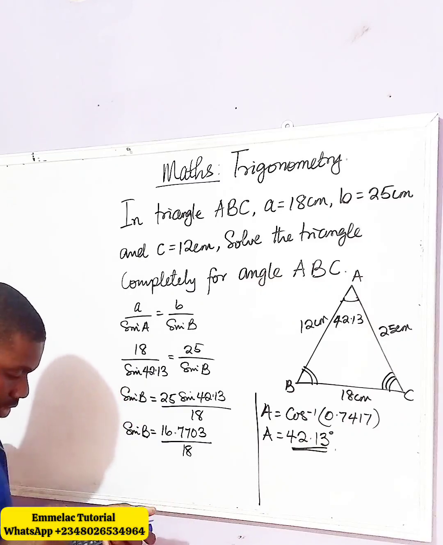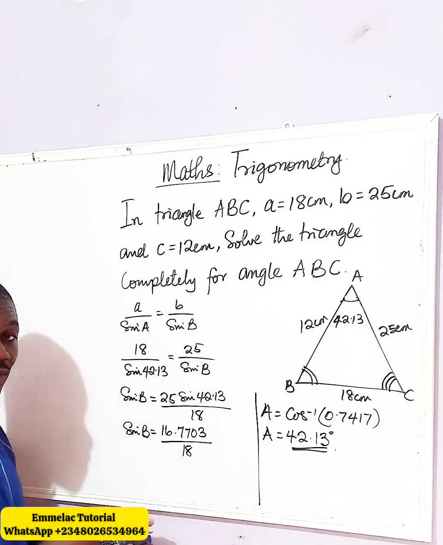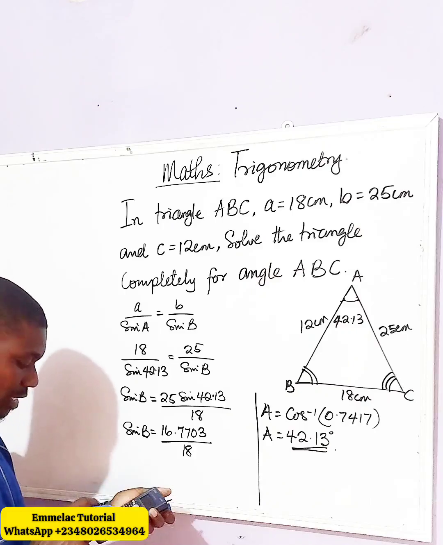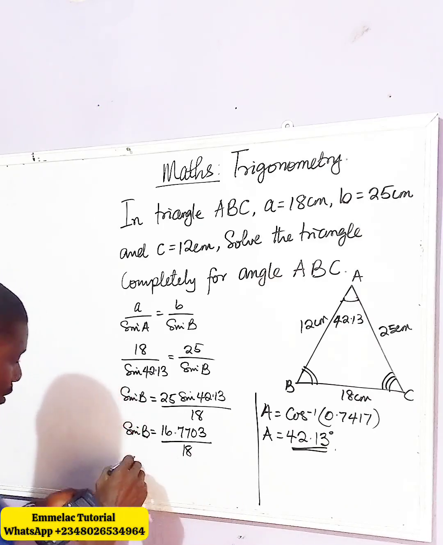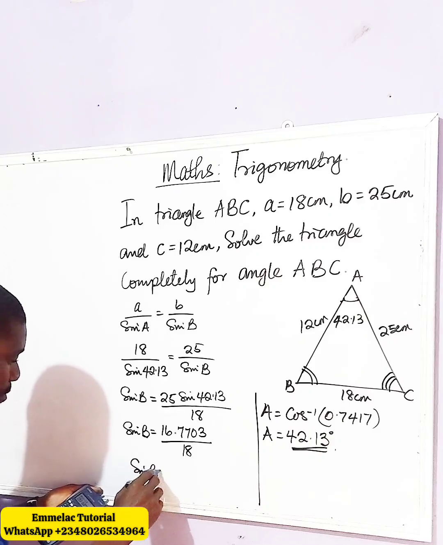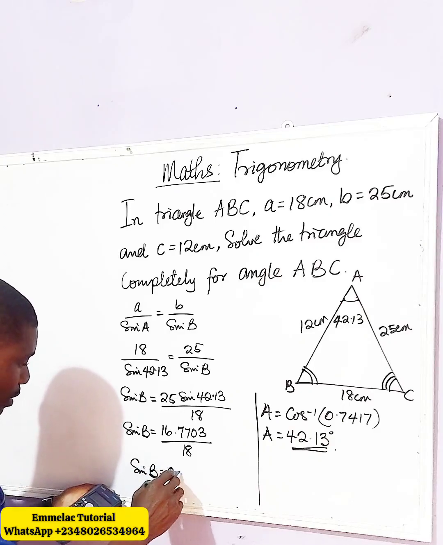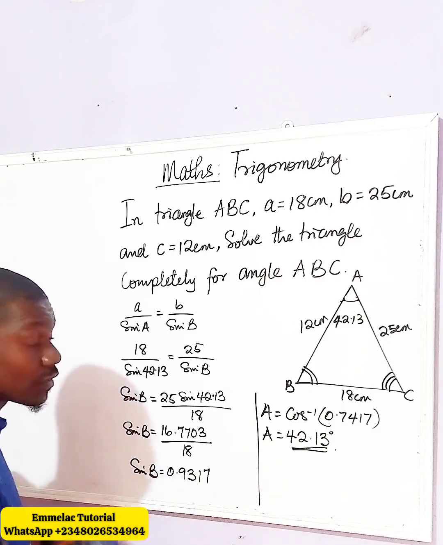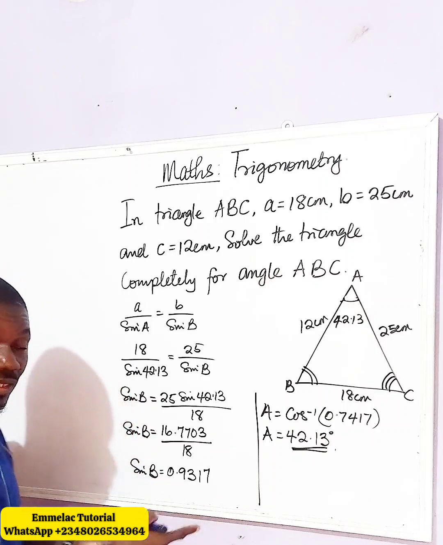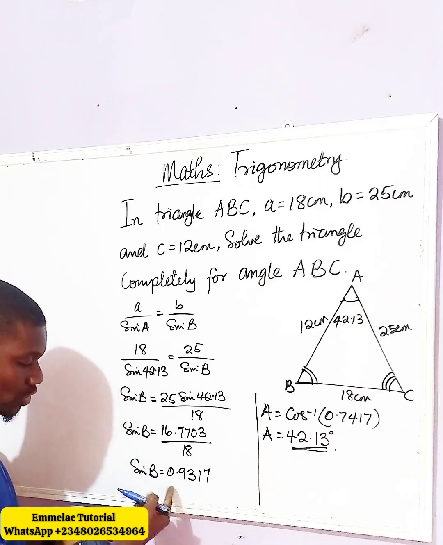Now 16.7703 divided by 18 will give us sine B equals 0.9317. Now find the sine inverse of this value.